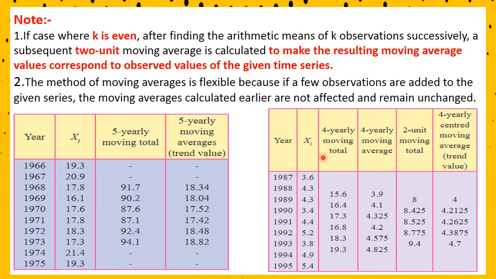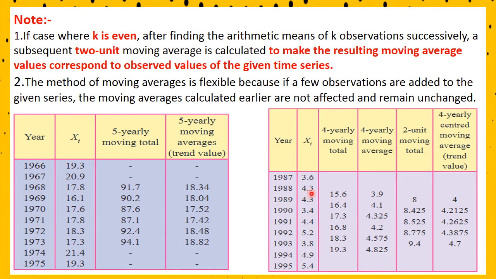Now the next case, k is even, that is k is equal to 4 here. We find the arithmetic mean of the first 4 observations and successively. Years and values are written, and we consider the 4 observations and find the total. We cannot write the total or average along a particular year because there are 2 values in the middle.